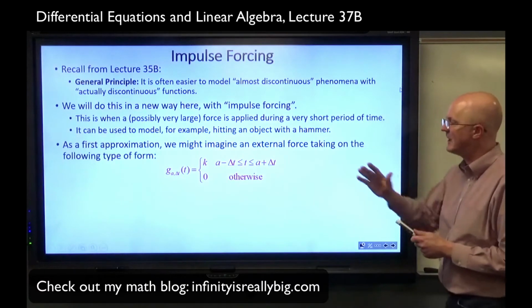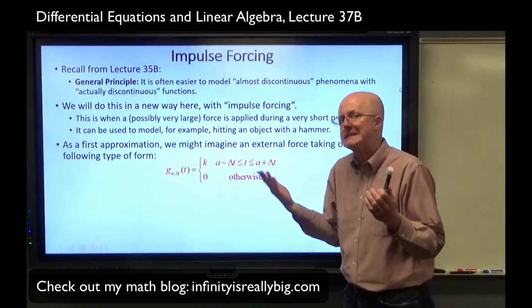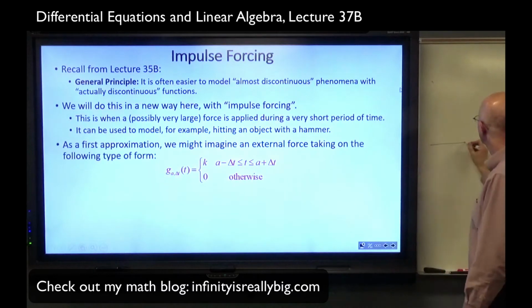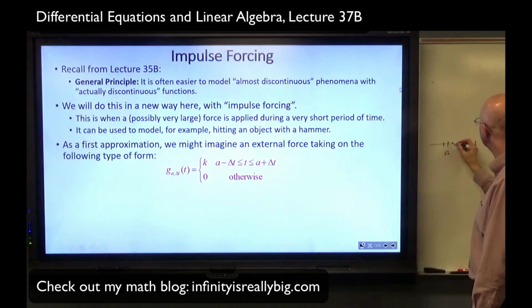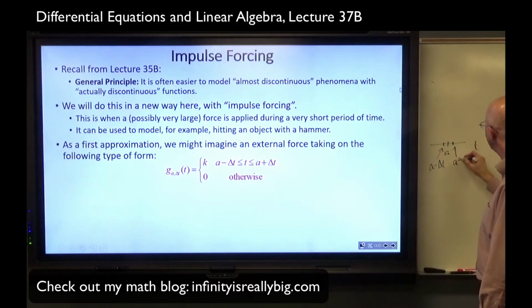So imagine, a can be anything. Delta t is some small interval of time. So that this number right there is a minus delta t, and this number right here is a plus delta t. This interval has length 2 times delta t.